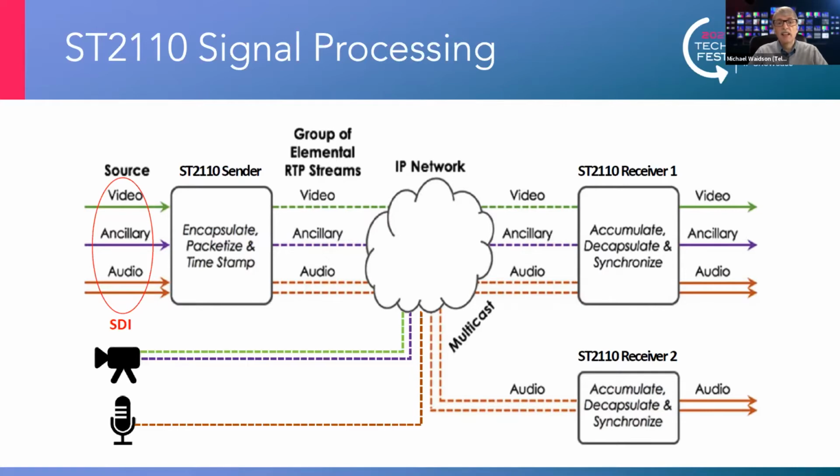In some cases, we may not be able to do that in the buffer, and we might have to discard the packet, or the packet may not actually reach its intended destination. So we would need to make sure that those particular pieces are set up and monitored correctly in our network so that we can assemble the data back to the video, audio, and data streams that are necessary to produce our program.